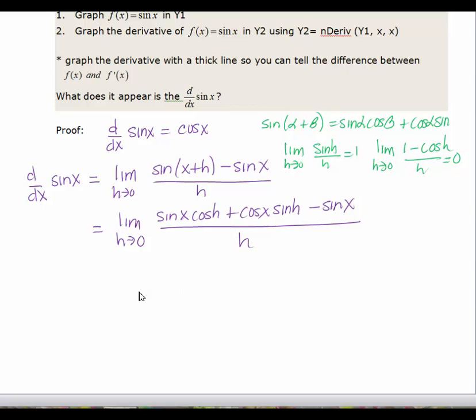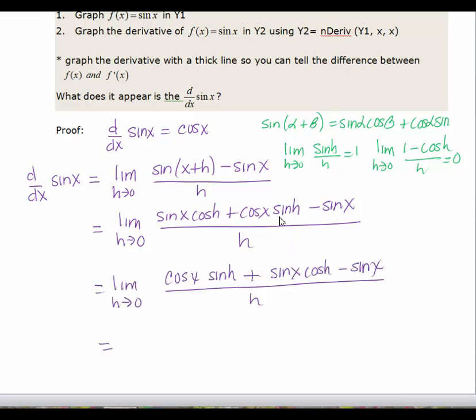Alright, so the next line I'm going to rearrange a little bit so I can do some kind of creative factoring. So I've rearranged, just taking the cosine x sine h and putting it in front of the sine x cosine h. And actually, I'm going to erase here. I'm going to factor out a sine x right here just to save some space. If you factor out a negative sine x, you get 1 minus cosine h.